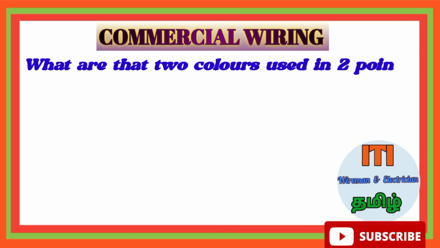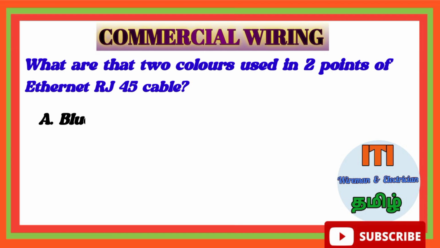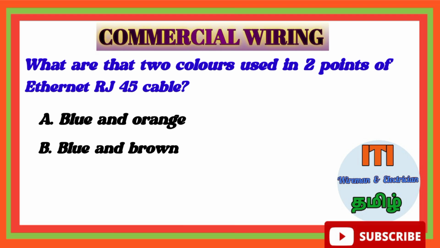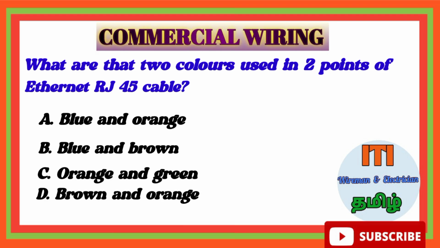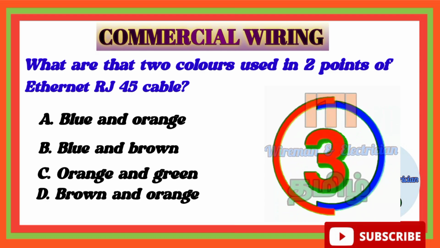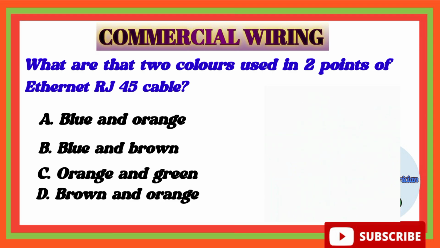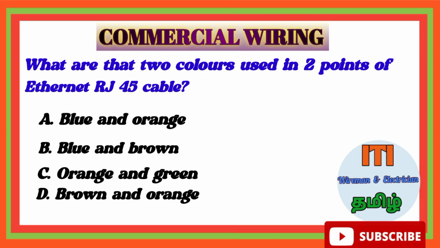What are the two colors used in two pairs of Ethernet RJ45 cable? Option A, blue and orange. Option B, blue and brown. Option C, orange and green. Option D, brown and orange. Answer: option C, orange and green.